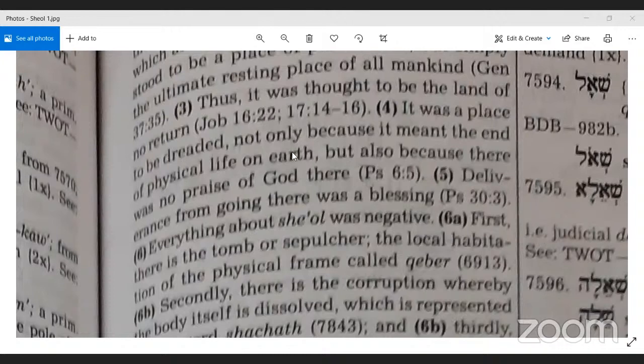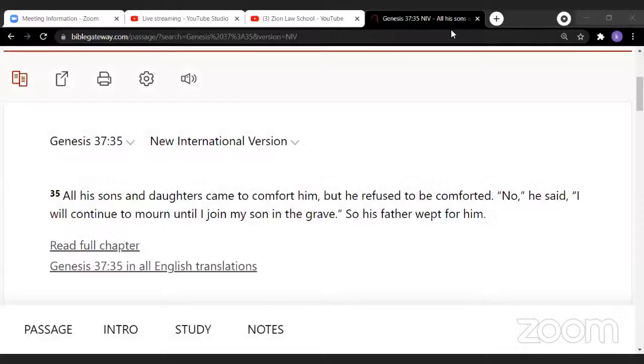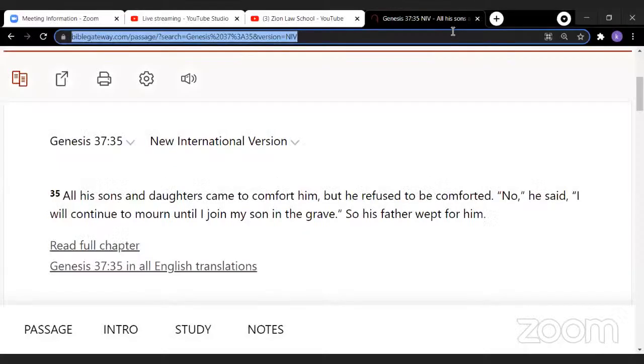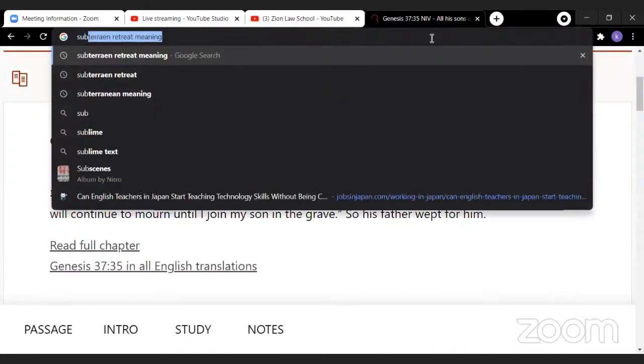Now they said before it was what? A subterranean cavern or subterranean retreat. So that's still on earth, right? Exactly. Thus it was thought to be the land, that's on earth, of no return. Correct. Remember we looked up subterranean? Let's look it up again. Do y'all see my browser?